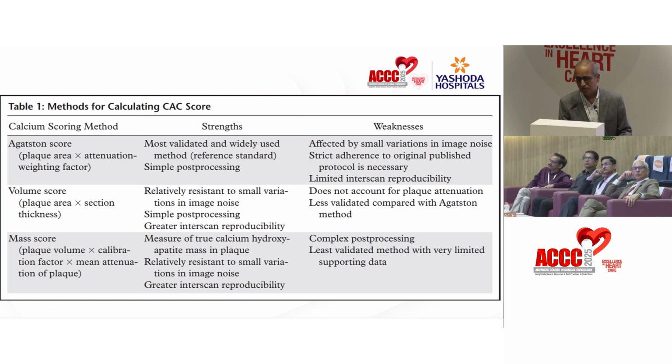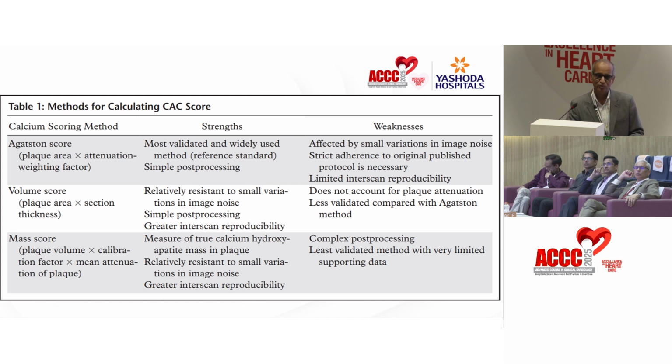But the pitfalls would be that there are variations in image noise. So if you have more noise coming from the adjacent tissues, such as annulus calcification or aortic valve calcification, you could have streak artifacts which could reduce the efficacy of this particular result. And one of the significant things is limited interscan reproducibility.